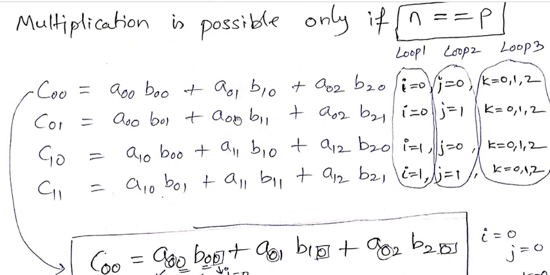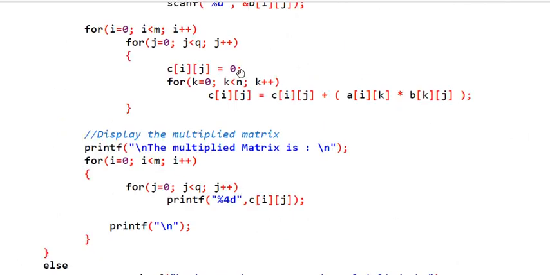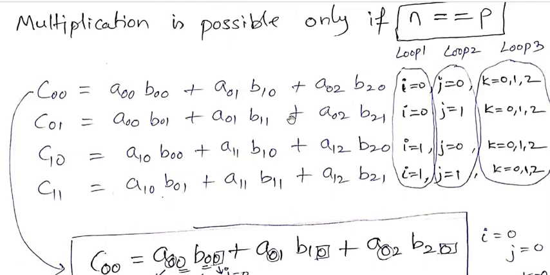Then this term is added to this. Now C of 0 1 has these two terms. Now k value will become 2. So C of 0 1 is equal to C of 0 1 plus A of 0 2 into B of 2 1. So you can see A of 0 2, B of 2 1.